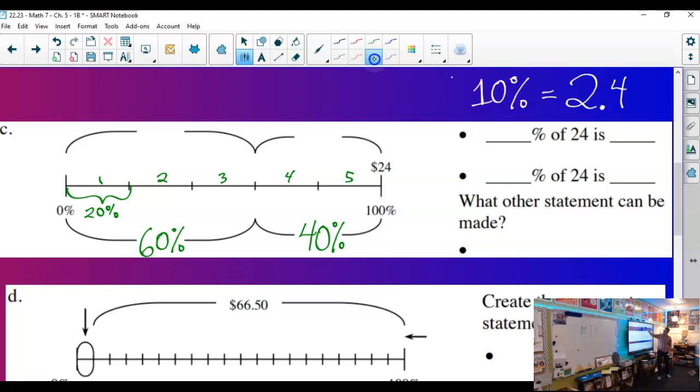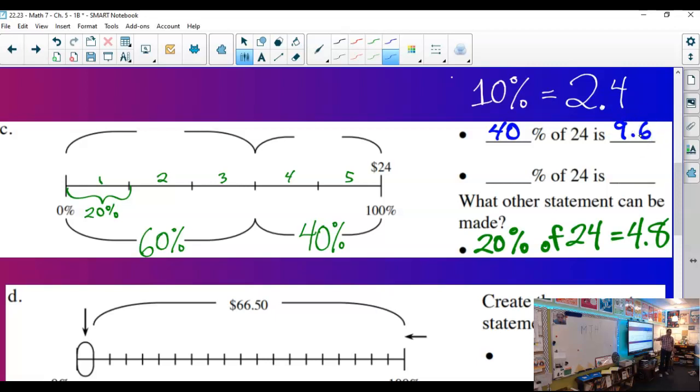So then, what is every 20%? Every 20% then, we have to double it. Okay, so then what is 40%? We double again.